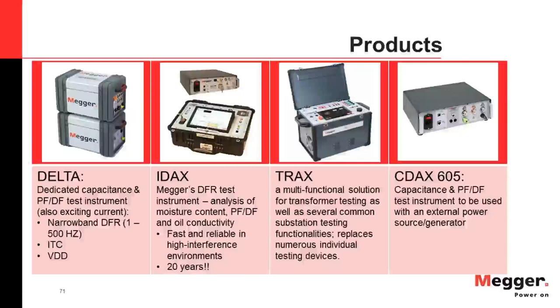So if there's any winding movement, any winding shifting inside the transformer, that is going to change the separation between the windings, and hence the capacitance value. That's one of the parameters you track whenever you are doing power factor testing. As Jill mentioned also, capacitance is one of the values not to overlook or forget about, and we always track or trend that value as well as the power factor.